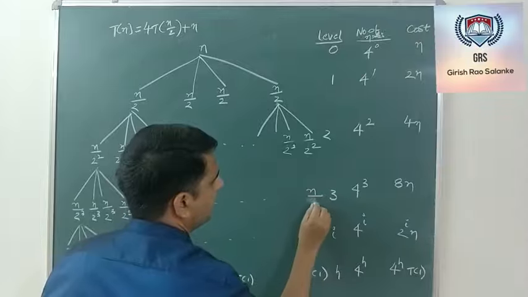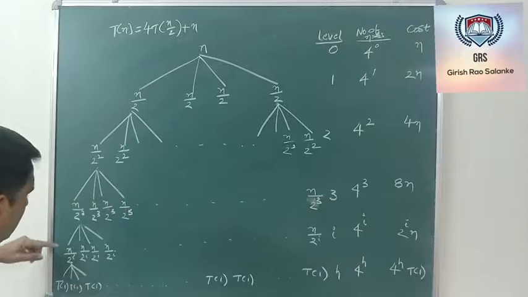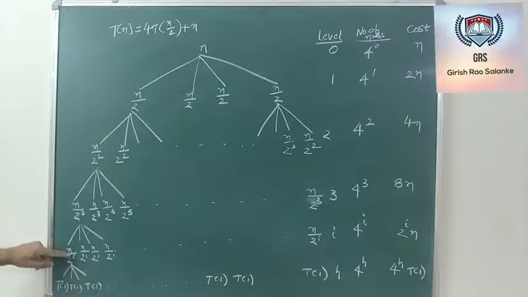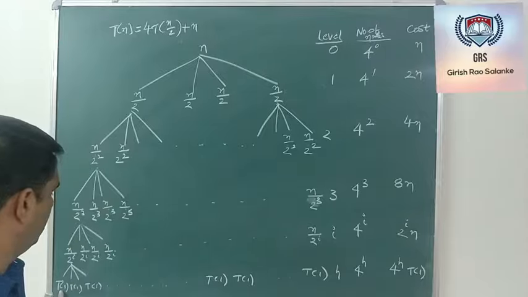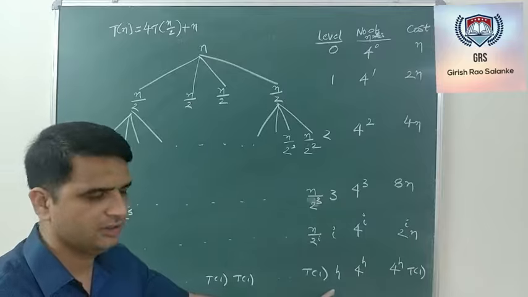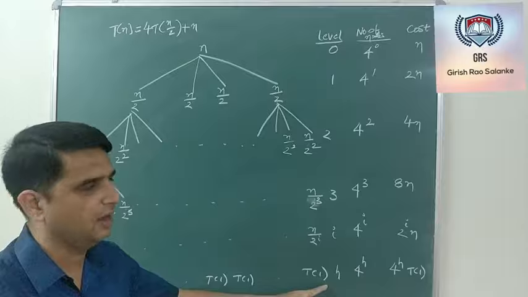Now at the ith level, I can write it as 2 power i. I will have n by 2 power i, 4 times. Similarly, at the last level, I will have T of 1, which is my smallest subproblem.